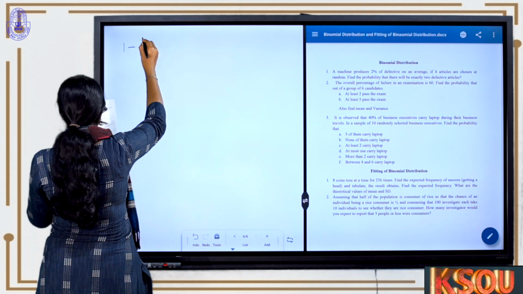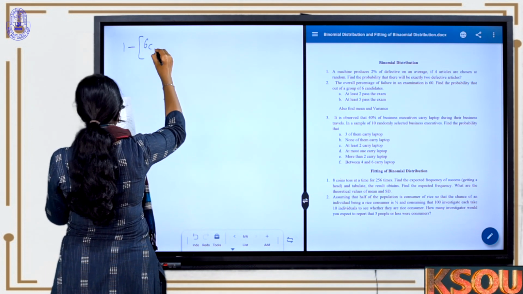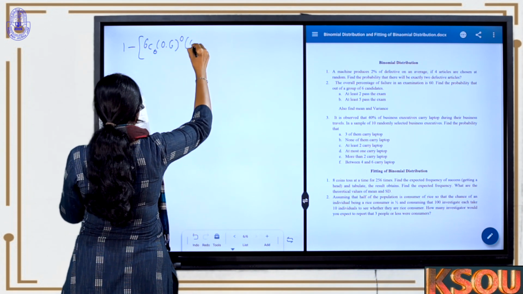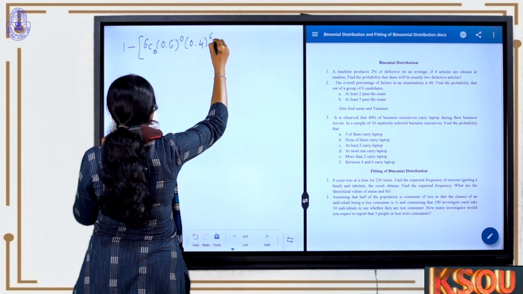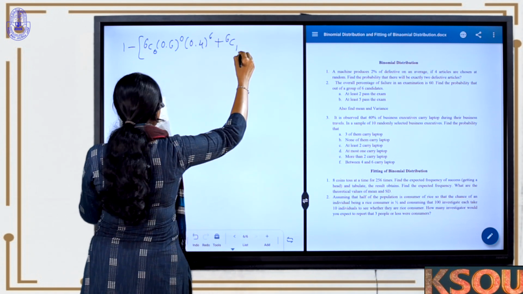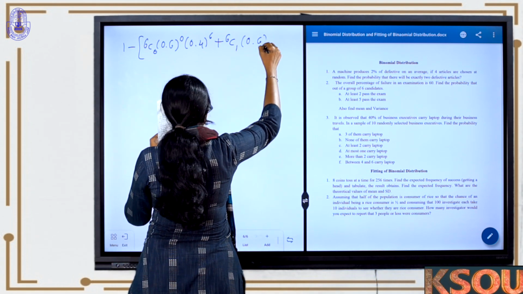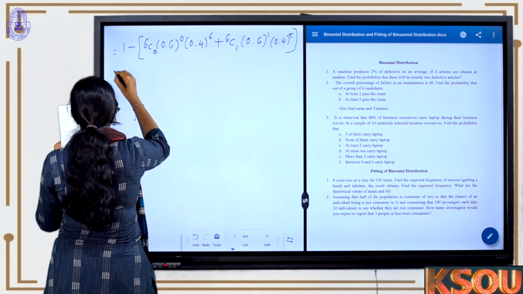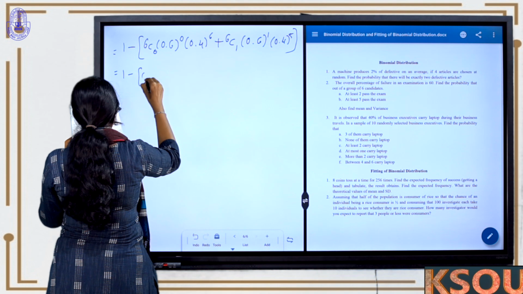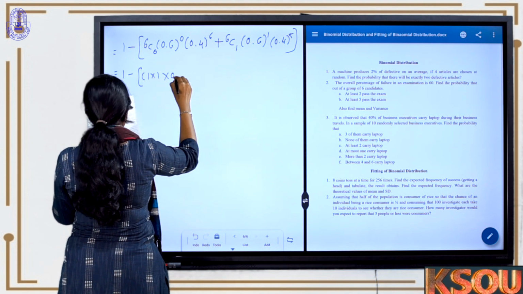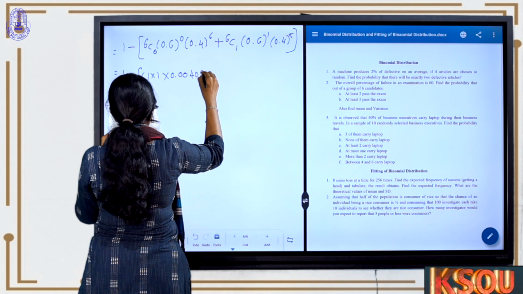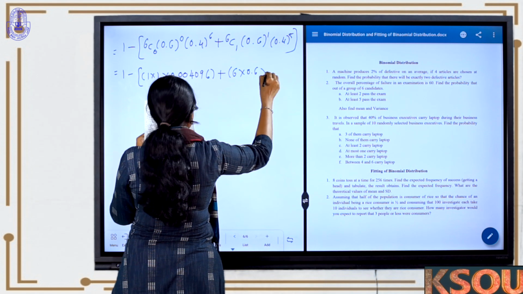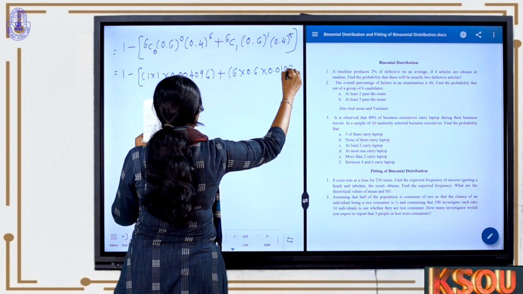So for that you can take 1 minus, for P of 0 it is 6C0 0.6 to the power of 0, 0.4 to the power of 6, for 1 it is 6C1 0.6 to the power of 1 into 0.4 to the power of 5. Then 1 minus of 1 into 0.004096 plus, for this you should get 6 into 0.6 into 0.0102.